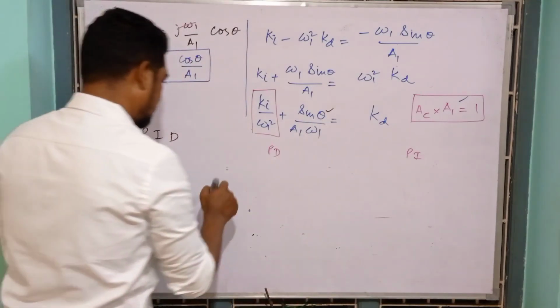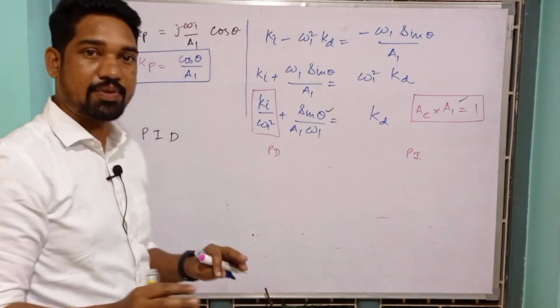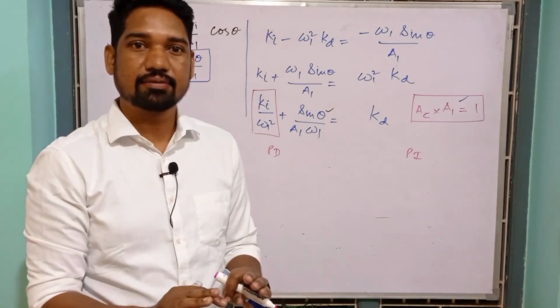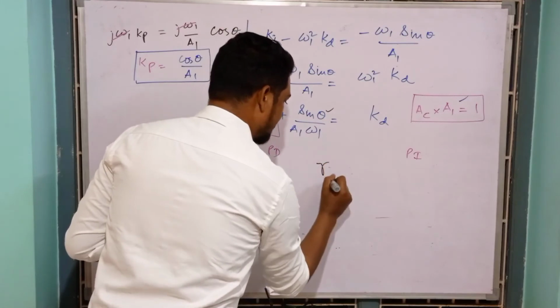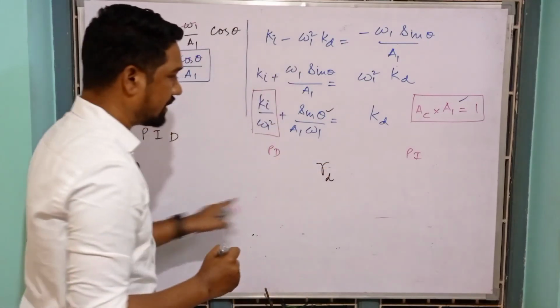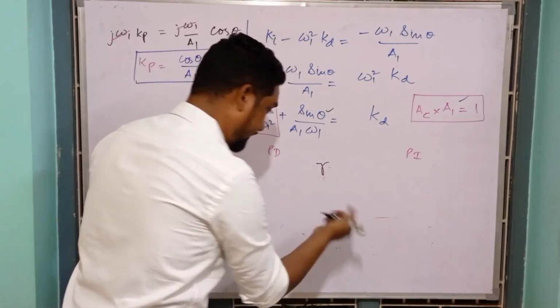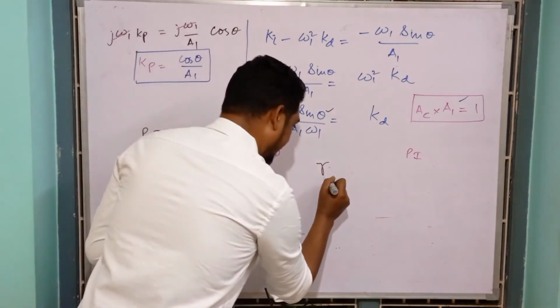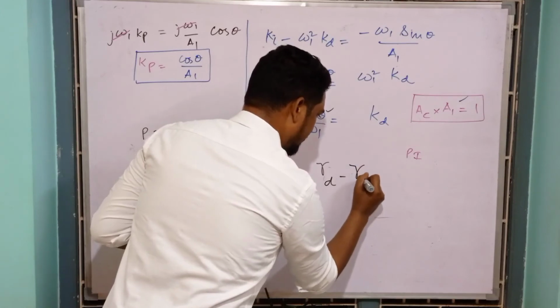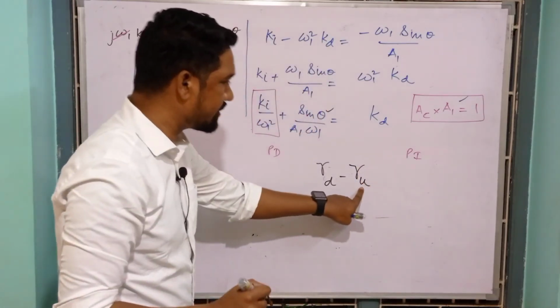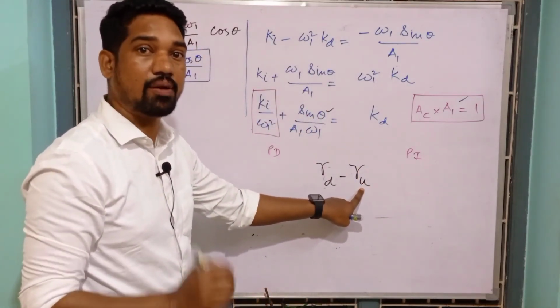The phase margin to be designed will be mentioned in the question itself, that is the desired phase margin. We need to have this phase margin, so theta will be the desired phase margin minus the phase margin of the uncompensated system at omega equal to omega 1.